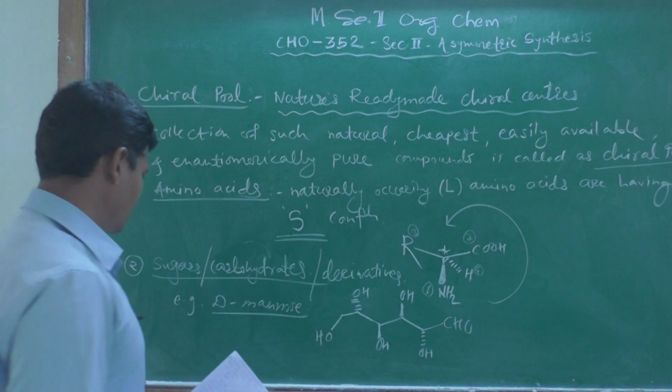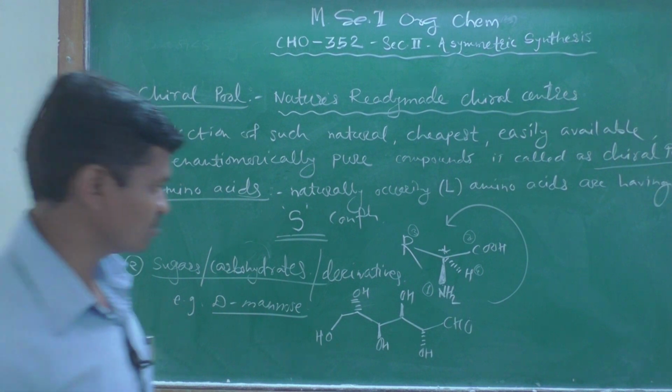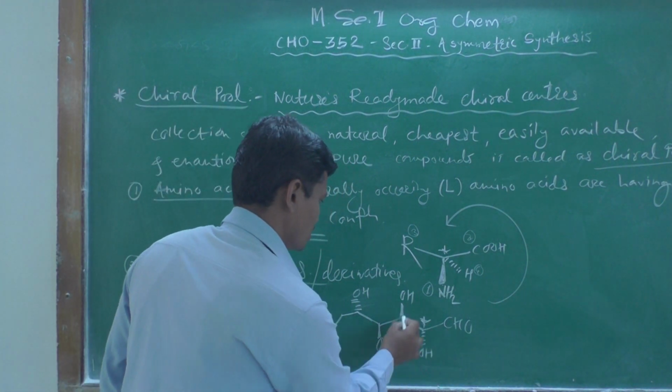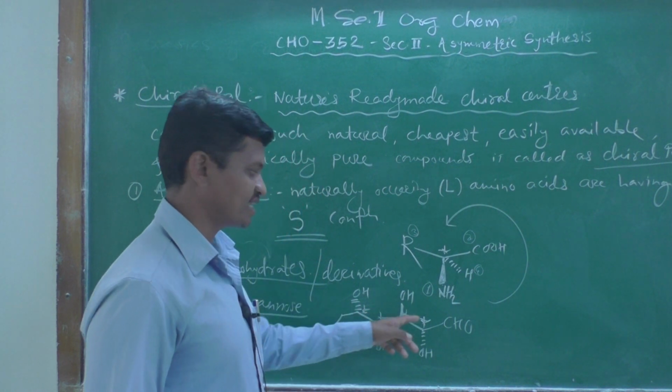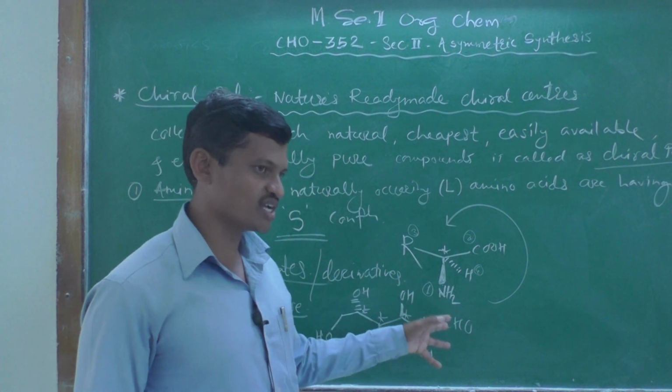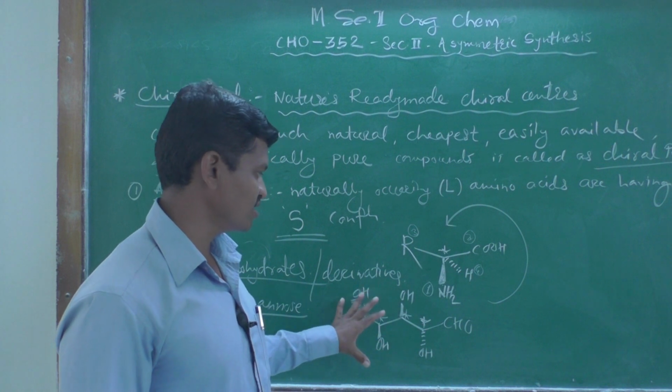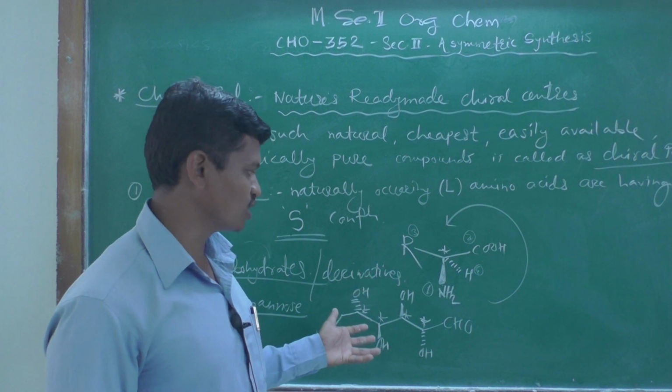So this is D-mannose. There are 4 chiral centers, and the stereochemistry is fixed here. This is a ready-made sugar available in nature.